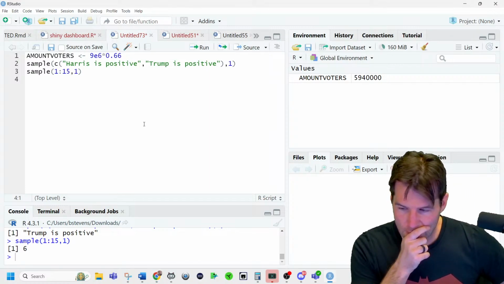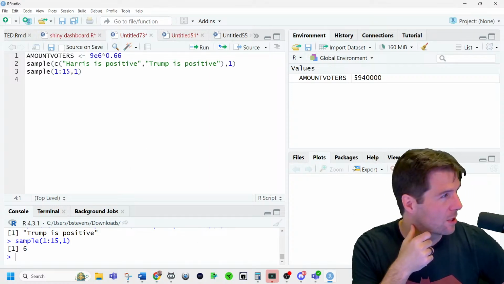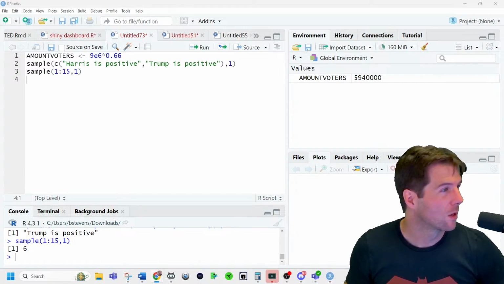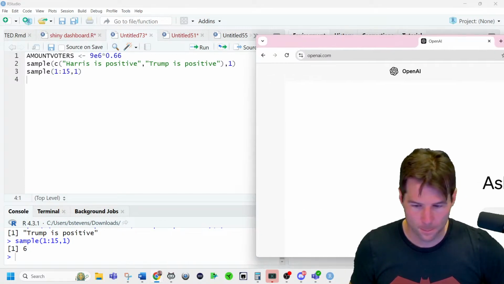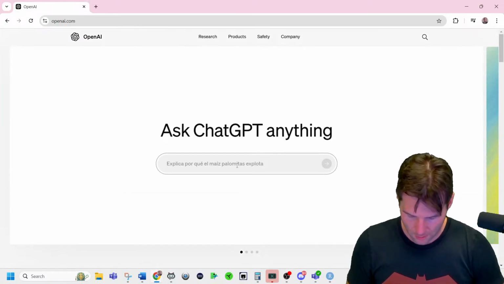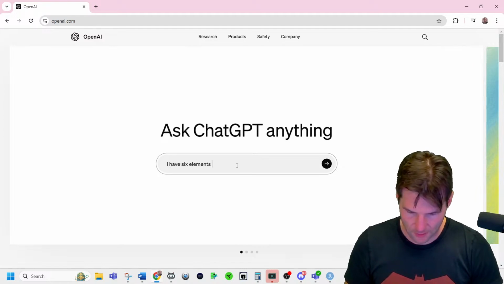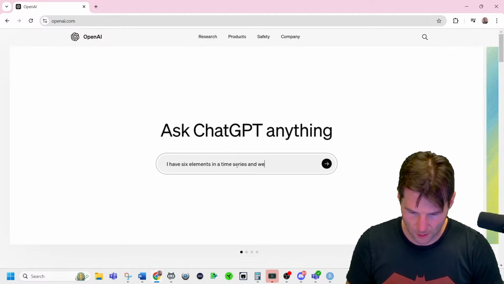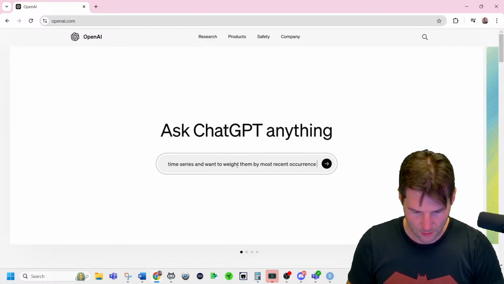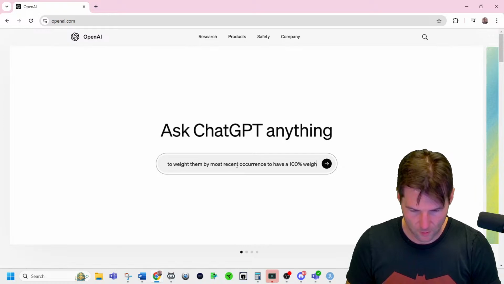So it's 6. Let me ask ChatGPT. Go to ChatGPT here. I have 6 elements in a time series and want to weight them by most recent occurrence to have a 100% weight.